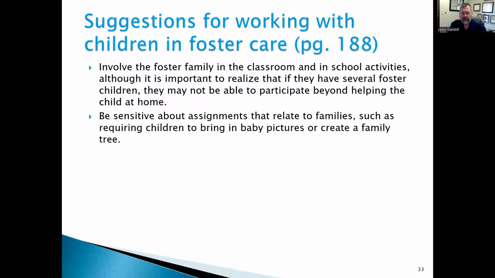Be sensitive about assignments that relate to families, such as requiring children to bring baby pictures or create a family tree. Unfortunately, I've seen this many times with teachers, and I know it's good intentions, but for various reasons, there may not be access to the child's baby pictures.